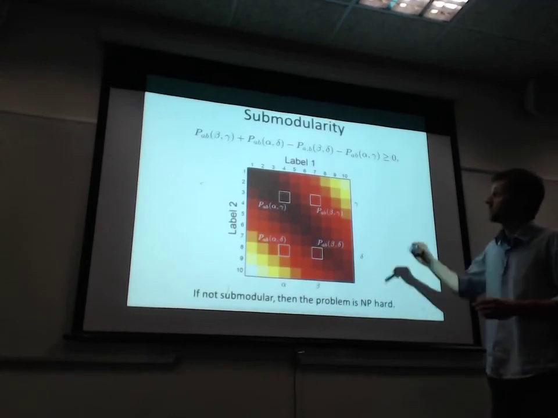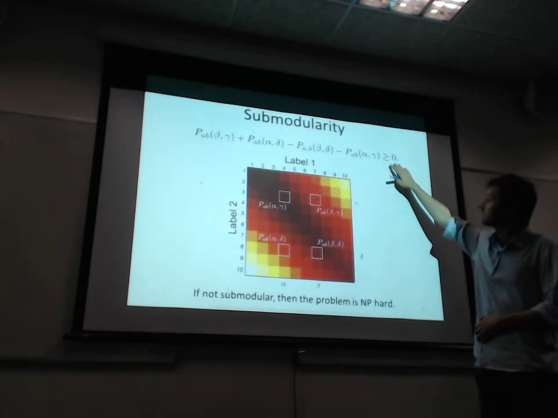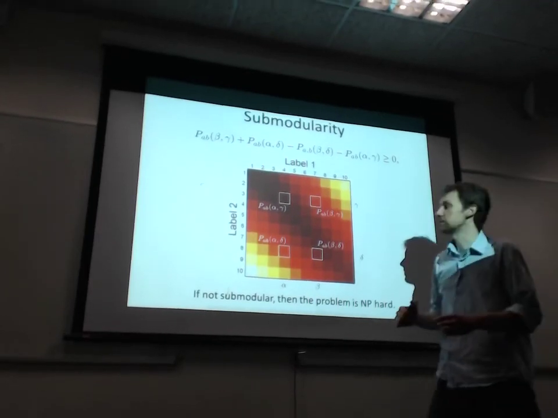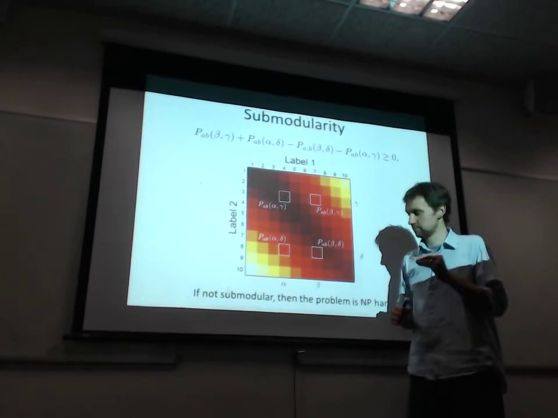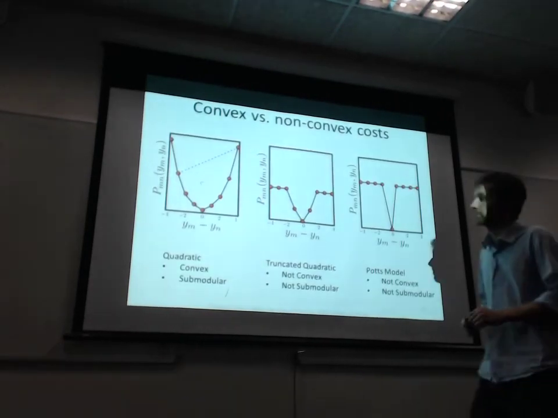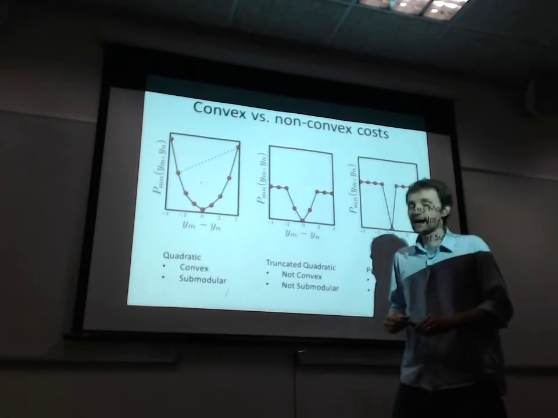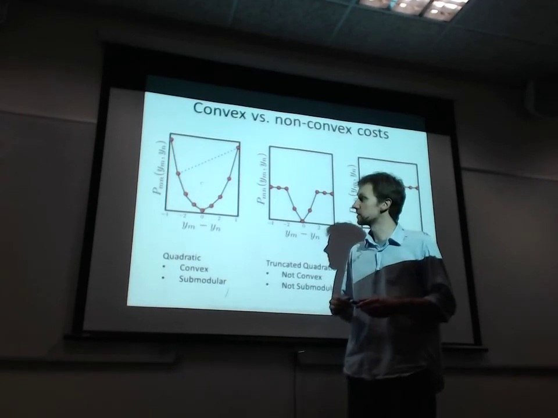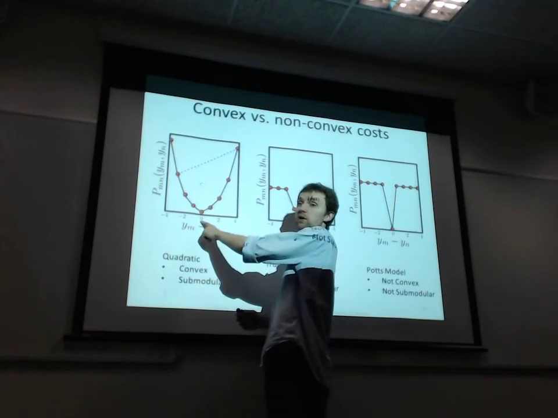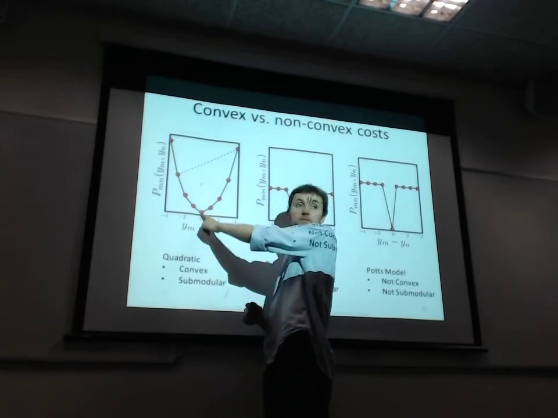So, submodularity being greater than or equal to 0 means that if you're going to have, let me do it on this slide, and that'll be the one we wrap up on. If you have two states whose difference is 0, you should have a small cost.